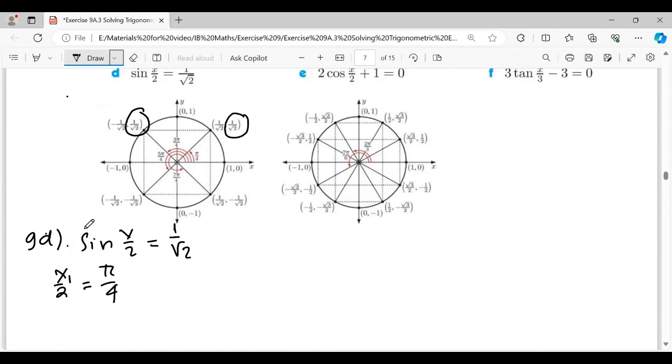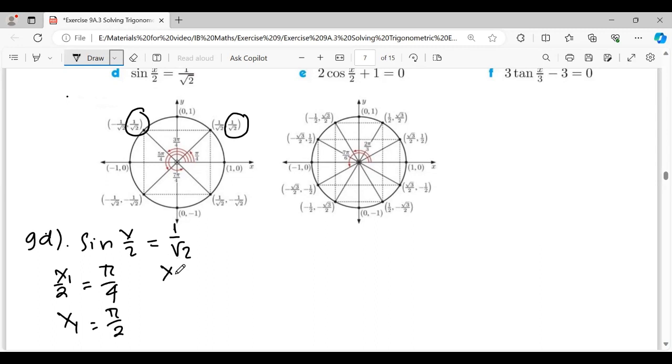It means times 2, and this becomes pi over 2.